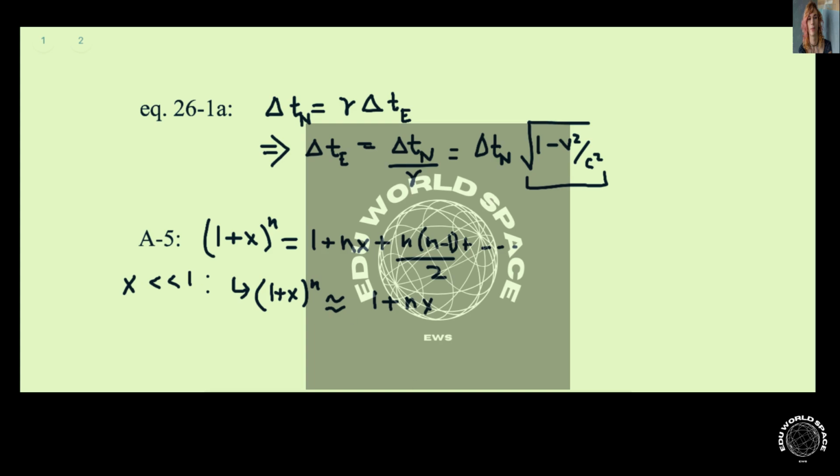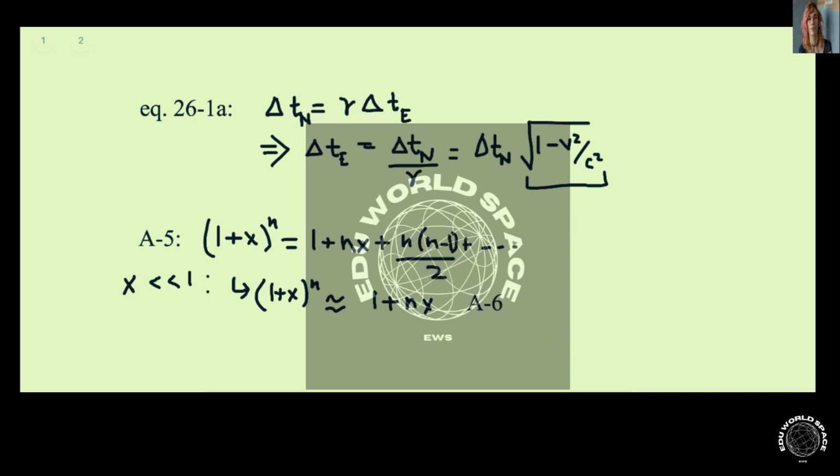And this, of course, is equation A6 in the book, in the appendix. So you have that. And notice that we have 1 plus something to the power of something in the time dilation equation.